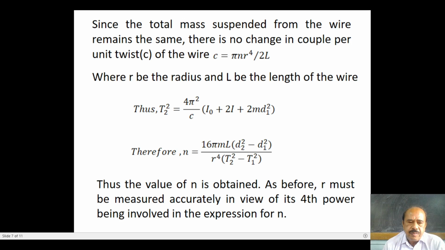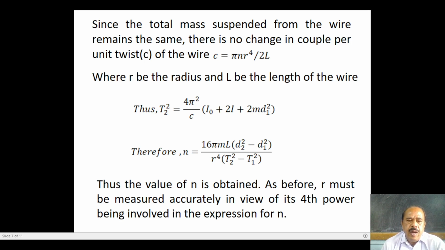Thus for the second trial, the time period is represented as T2. Similarly, we can write T2 square equal to 4 pi square divided by C into I0 plus 2I plus 2m d2 square.